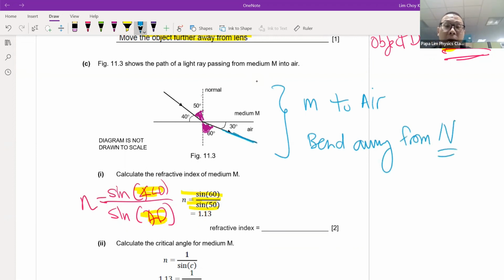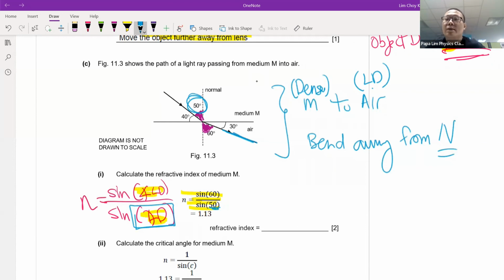So indirectly, if I bend away from the normal, it means that my M has to be a denser medium, because when I travel from dense to less dense, my ray will bend away from the normal. So indirectly, I will know that angle 50 is at the denominator. This is how I deduce the angles.